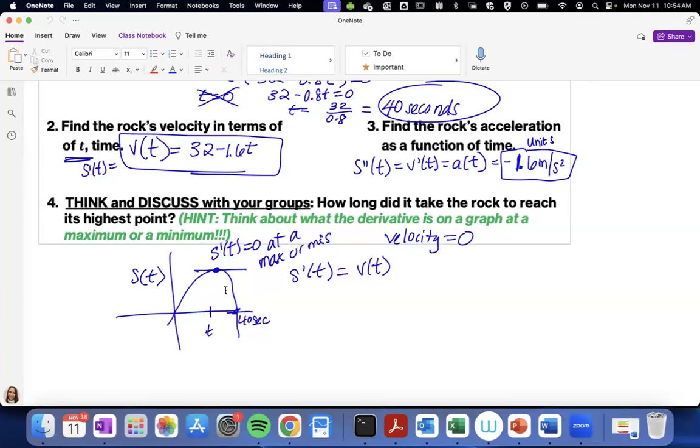So you're going to take the velocity function, 32 minus 1.6t, and set it equal to 0. I'm just going to add 1.6t, flip it around, and divide by 1.6.